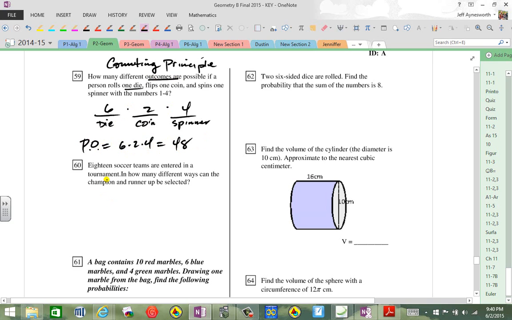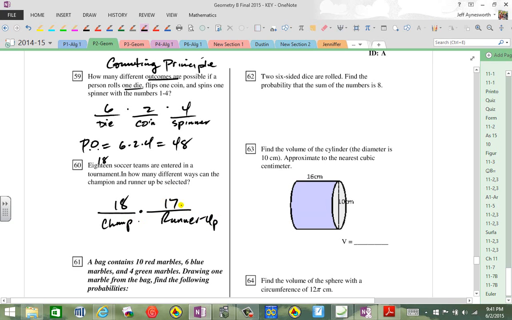Now this one here, you got 18 soccer teams enter a tournament. How many different ways can the champion and runner-up be selected? Well, let's use the counting principle again because it's easier than using a permutation. The champion: there's 18 different teams, so 18 different teams can be champ. Runner-up: well, if only one team can be the champ, the rest could be the runner-up.